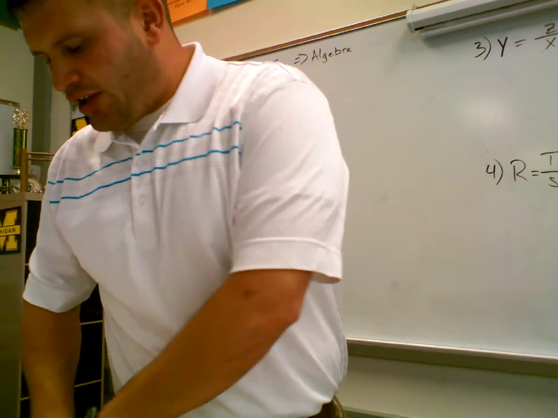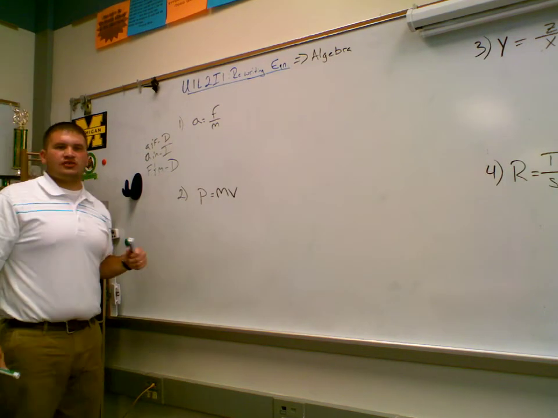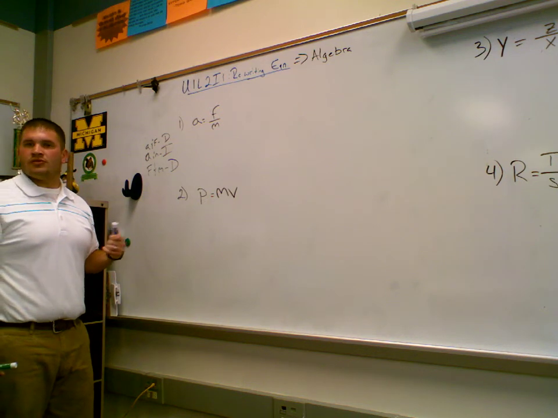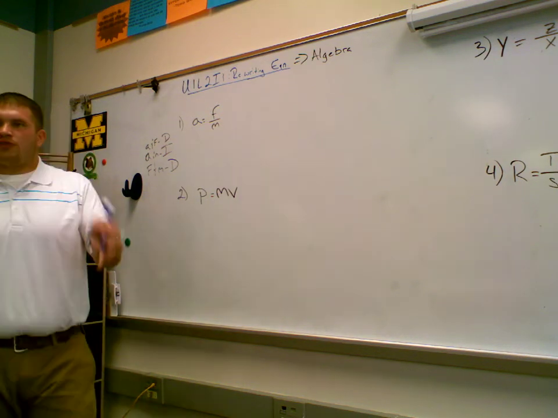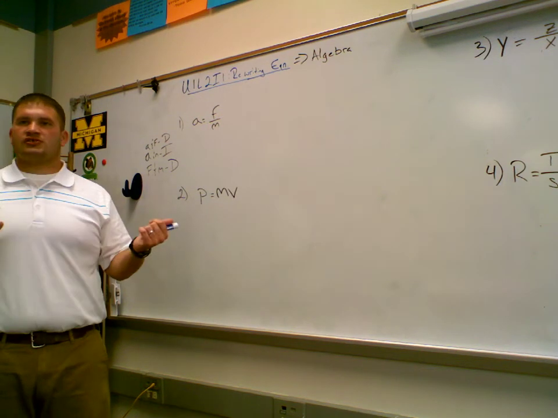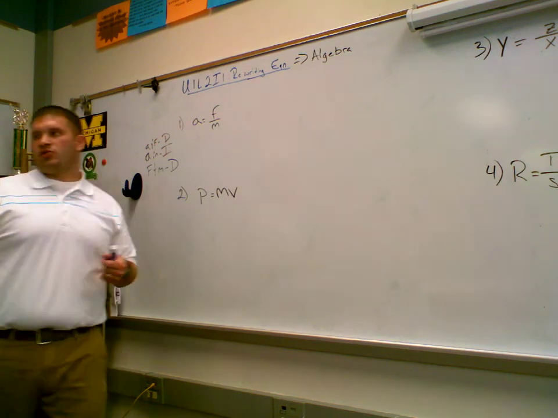Now, if I'm going to find the equivalent forms of A equals F over M, that means I'm going to take this equation. What do I have to do with it? How many variables do we have? 3. So if I want to find all the equivalent equations, since I have 3 variables, I'm going to need 3 total equations. Right now I have 1 equation, so how many more do I need? I need 2 more, right?